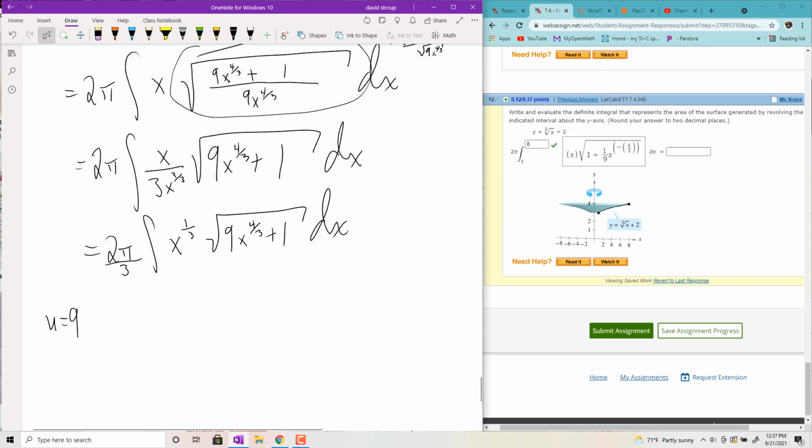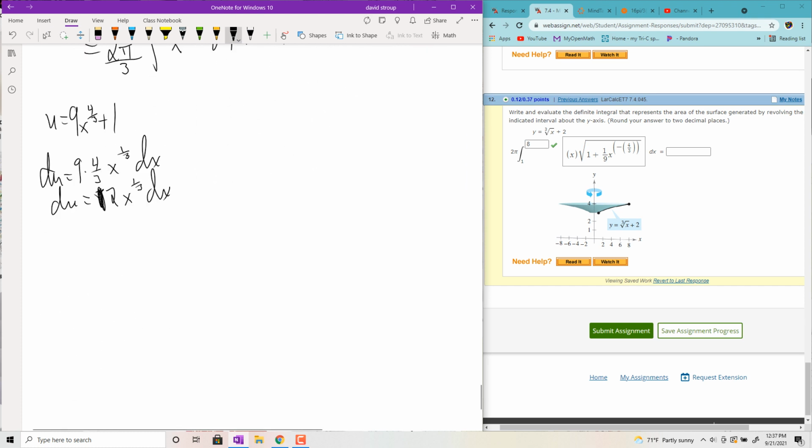So u is 9x to the 4/3 plus 1, du will be 9 times 4/3 x to the 1/3 dx. In other words, du is 12 x to the 1/3 dx. Please don't write 72. Dividing for dx, I get du all over 12x to the 1/3.